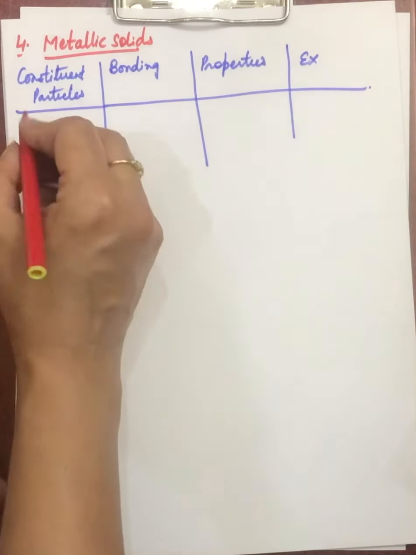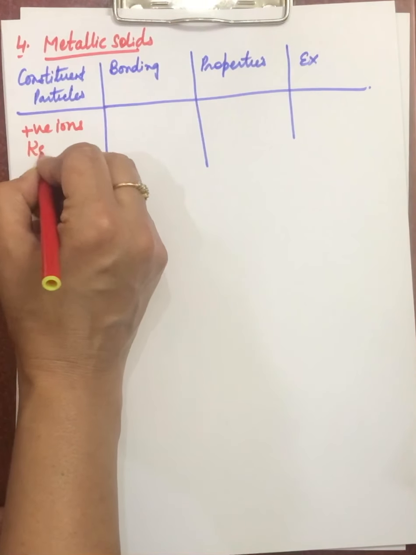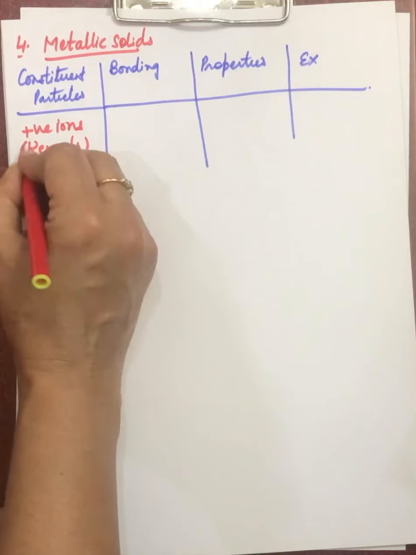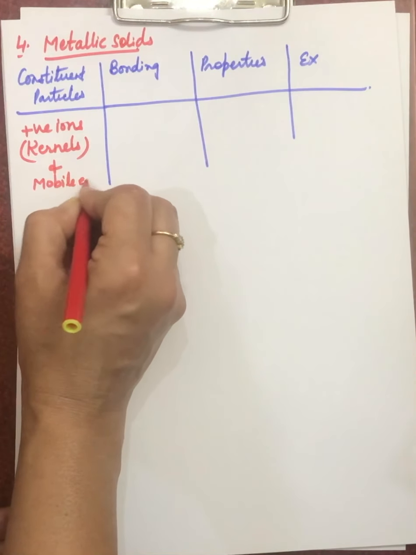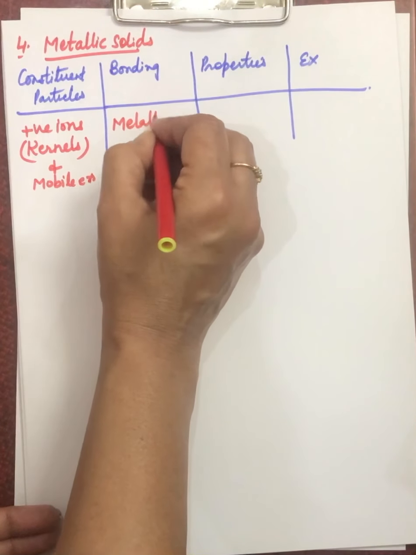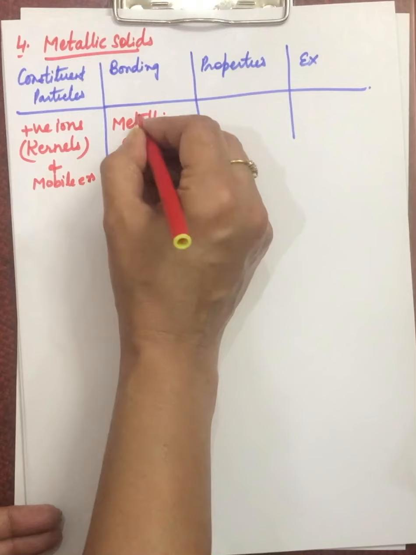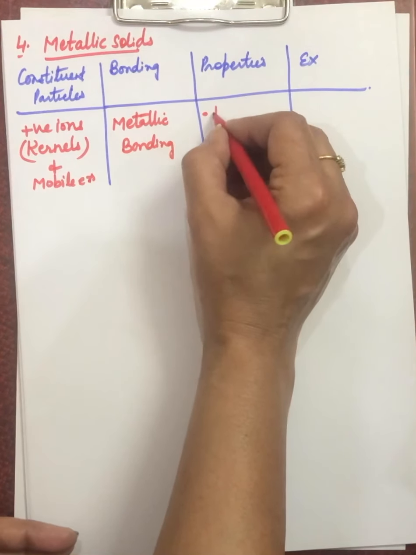So first, the constituent particles, like we have done, are positive ions, also called kernels, and mobile electrons. Bonding is metallic bonding.